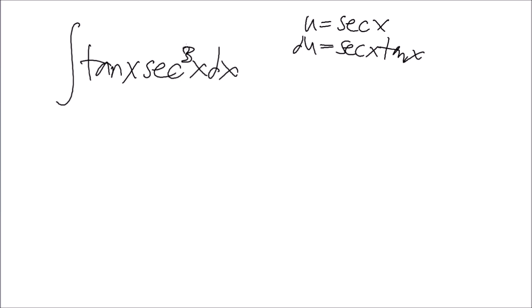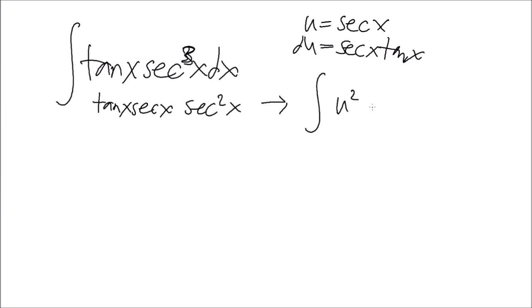Now this is secant cube, so we will format this as secant square here. So in the u integral, there will be u squared du. So this is simply secant cube over 3 plus c.